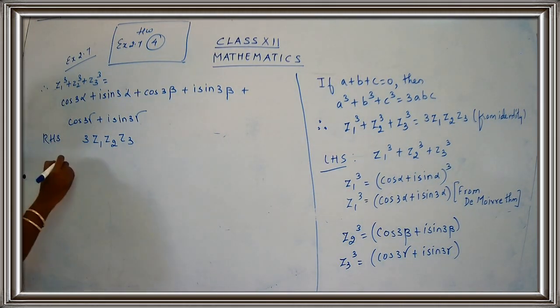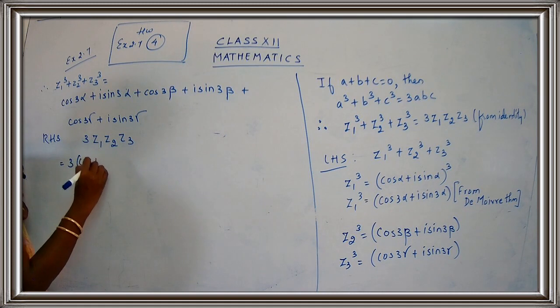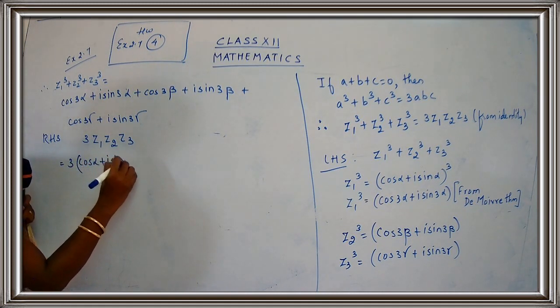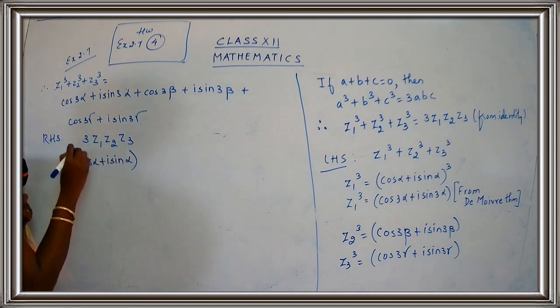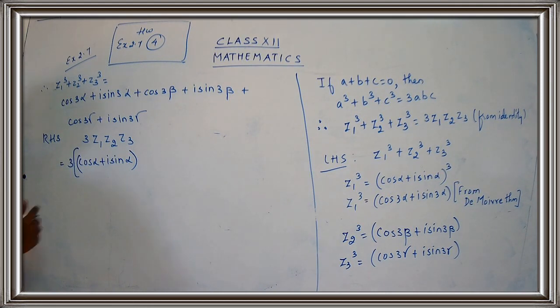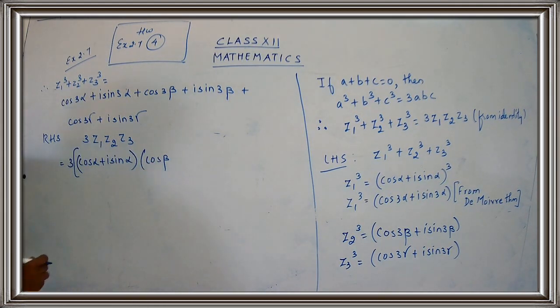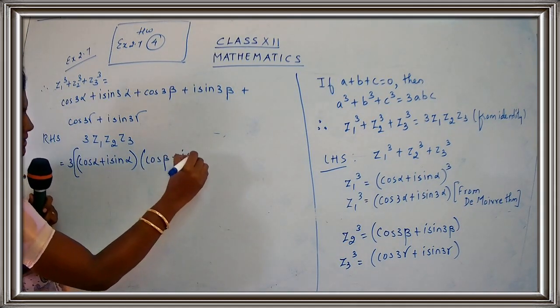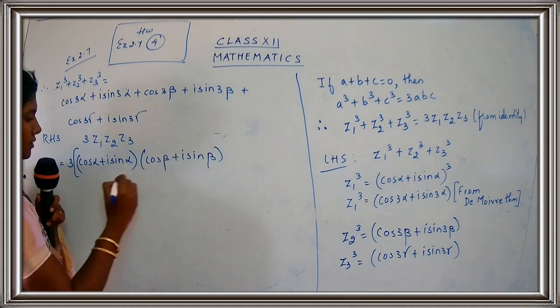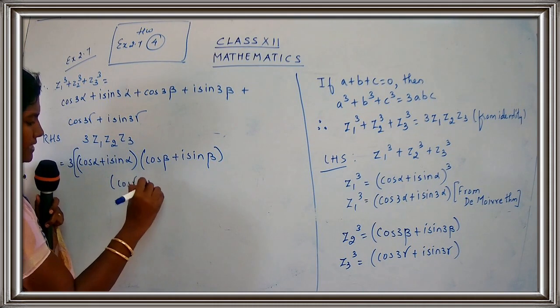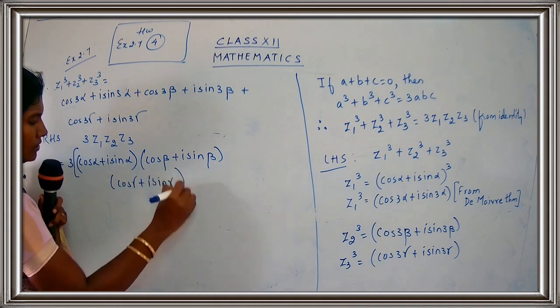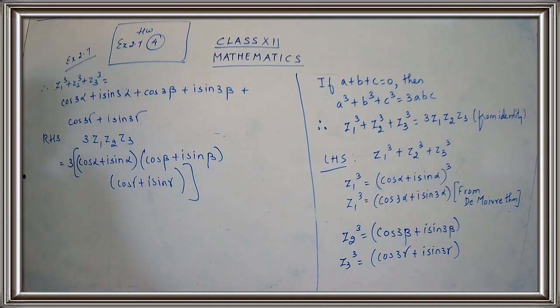This is equal to 3 Z1. What is Z1? Cos alpha plus I sin alpha. I'll just put a whole bracket over here. Then cos beta plus I sin beta, cos gamma plus I sin gamma. So I have just substituted the values for Z1, Z2, Z3.